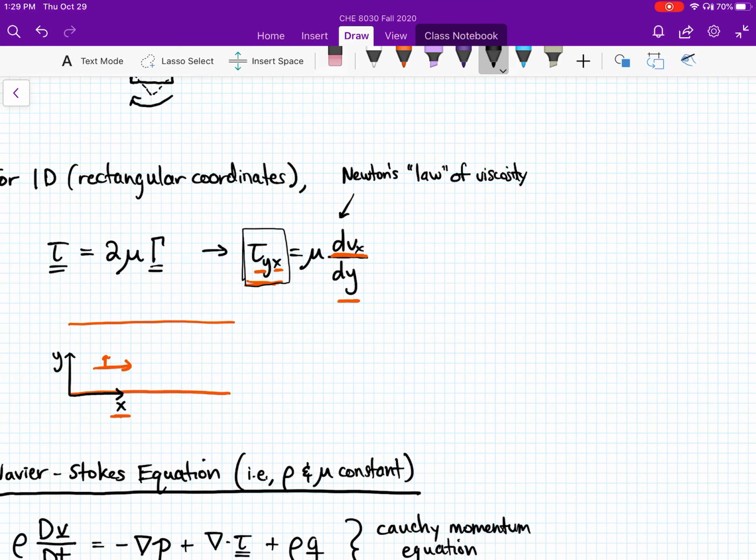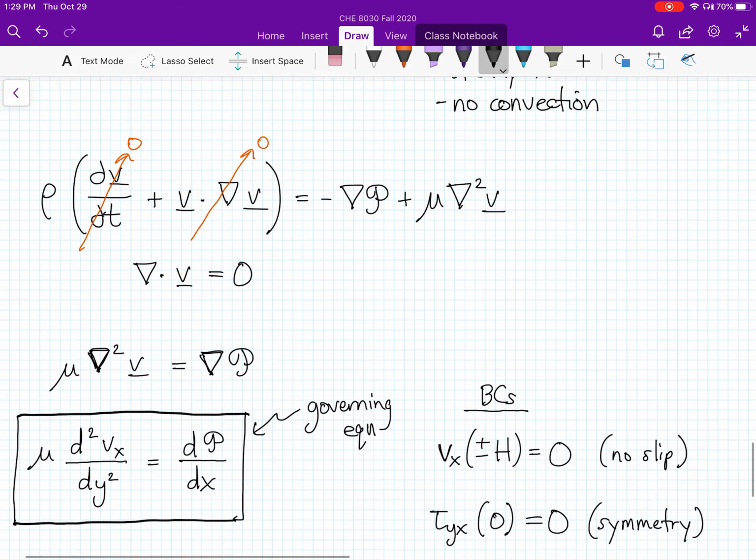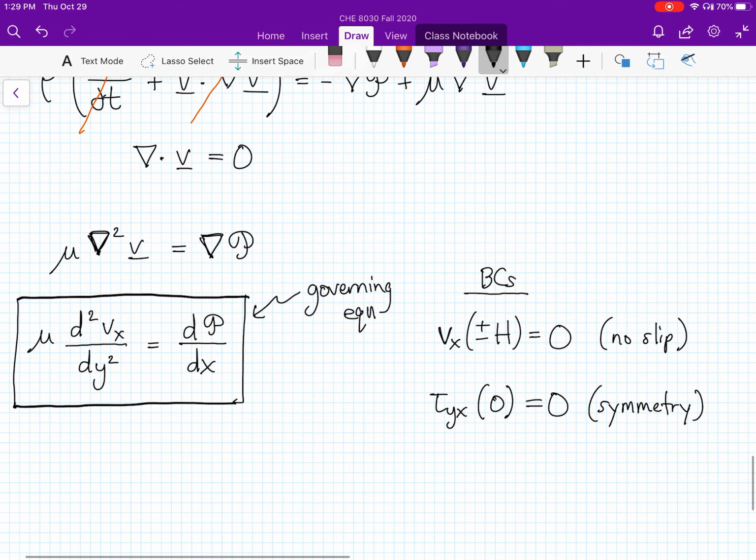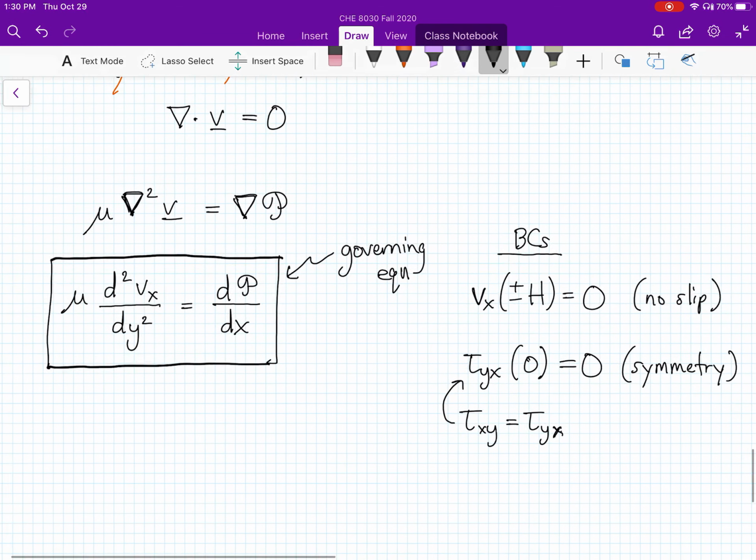Technically, for rectangular coordinates, it's somewhat irrelevant how you write that, because tau xy is equal to tau yx. So if I had written this the other way, that's fine. Irrelevant, they're equal to each other. Just wanted to point that out.